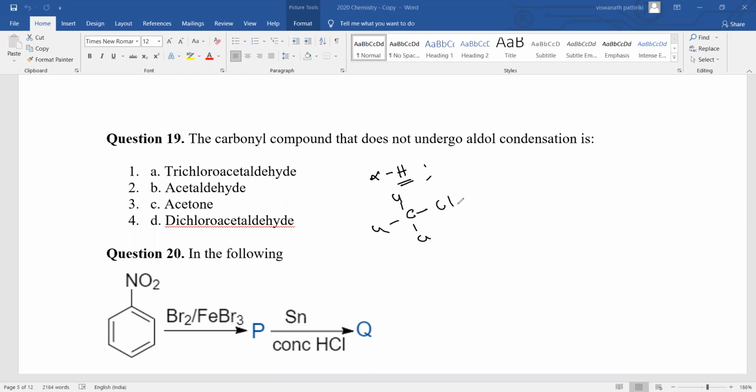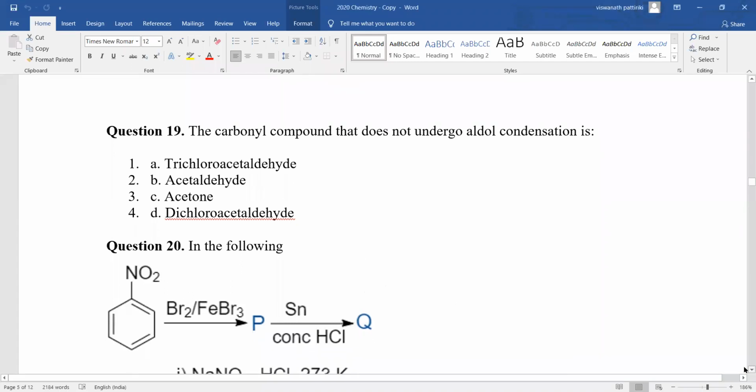You don't have any alpha hydrogen, right? What about acetaldehyde? It has alpha hydrogen, so it undergoes it, and acetone has alpha hydrogens on both sides. Like this you can say which one undergoes aldol condensation and which won't.